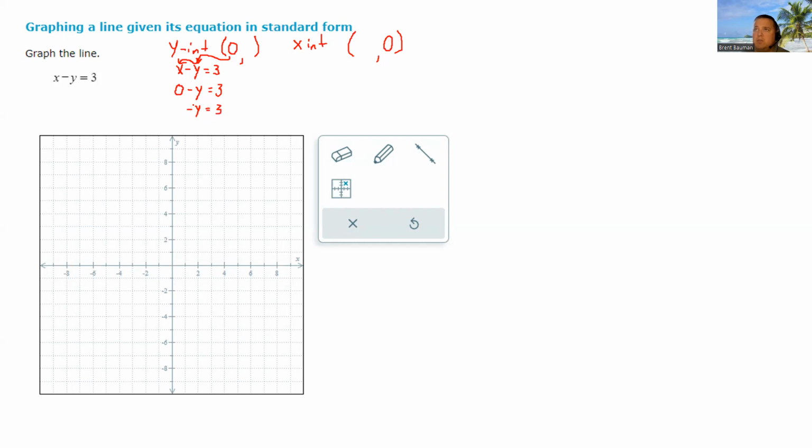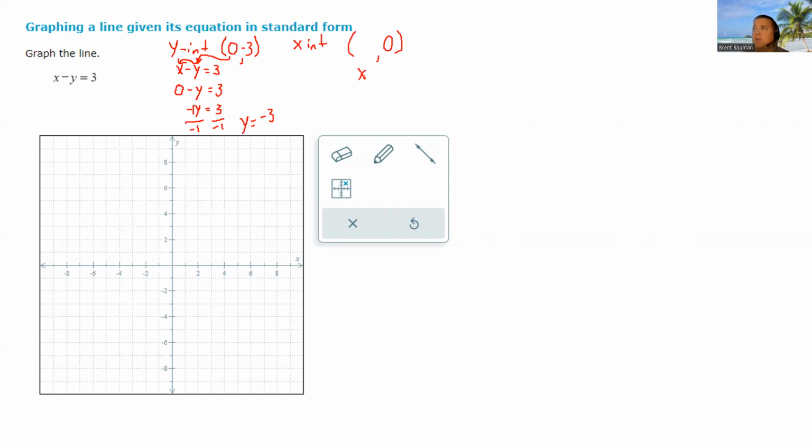Now this means that there's really a -1 in front. So to get rid of that, because we want a positive y to get our y value, we divide by -1. And that gives me y equals -3. So when x is 0, y equals -3.